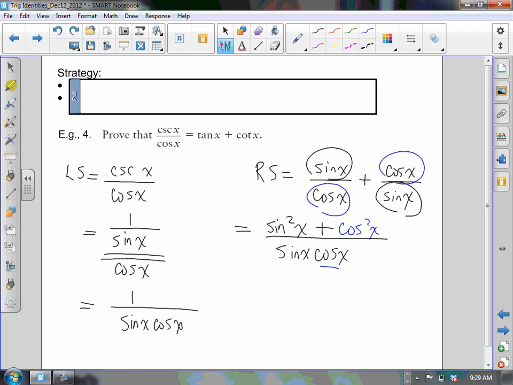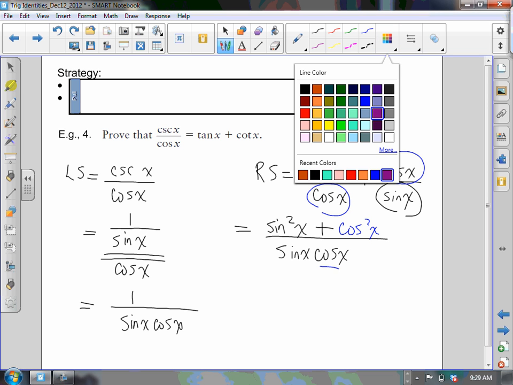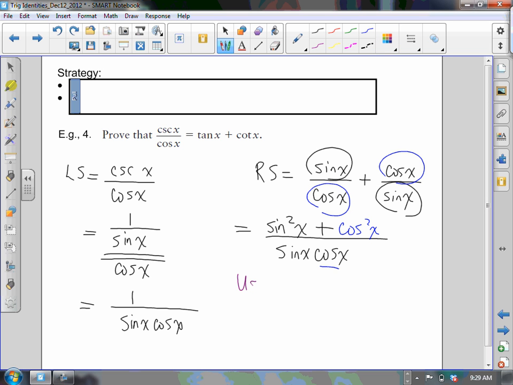Okay. Well, what you can see now is the Pythagorean identity can be used. So using the Pythagorean identity, we can see that this will then be equal to 1 over sine x cos x.